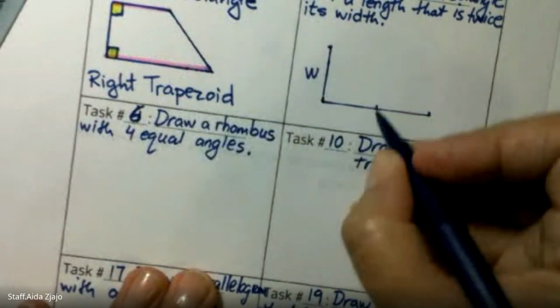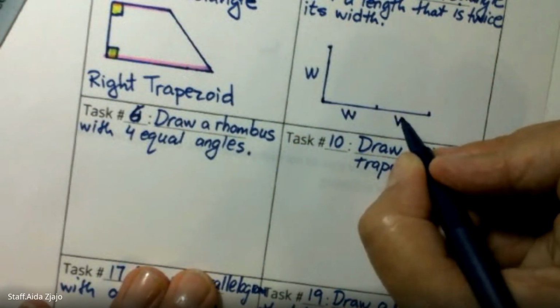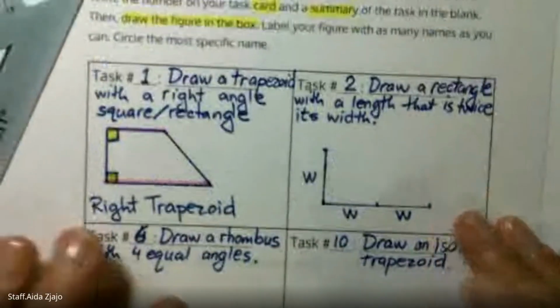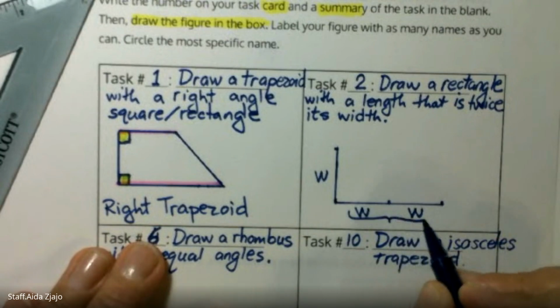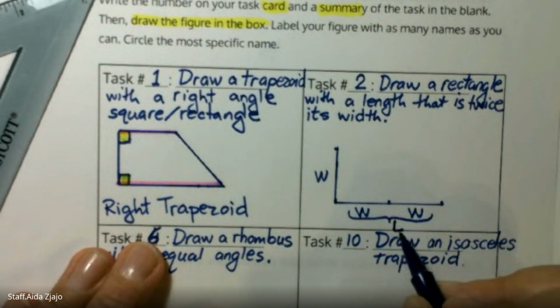So this is the width, and this is twice the width, which is also the length. These two are the length, L.